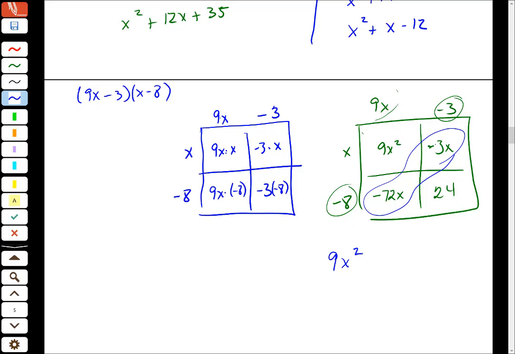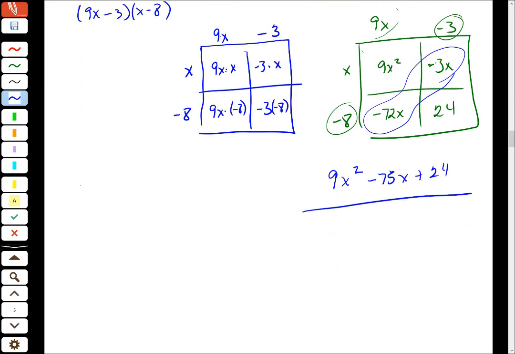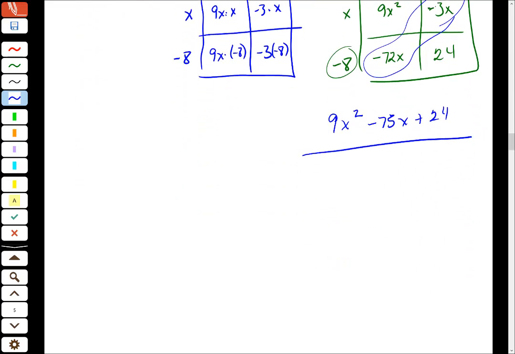So 9x squared, negative 72 and negative 3 is negative 75x, and then plus 24. Okay. Then this box method works.